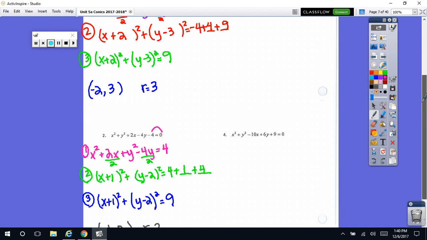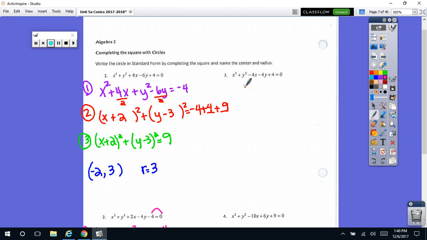Let's go back up to number 3. X squared minus 4x, y squared minus 4y equals, b becomes negative.